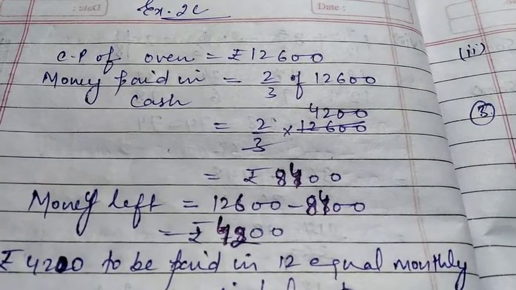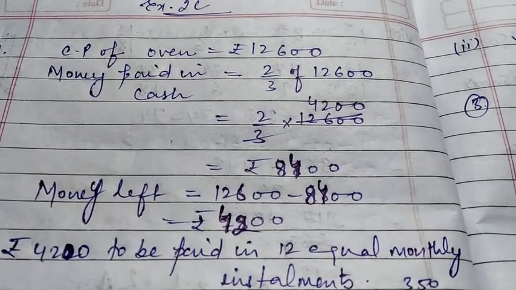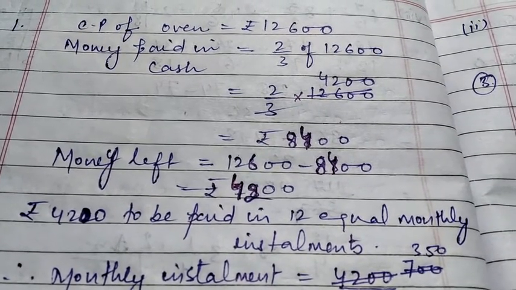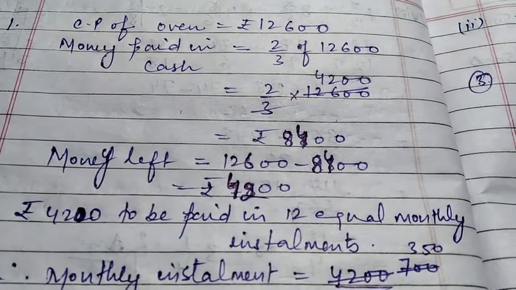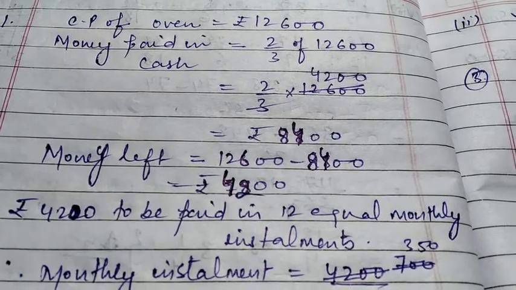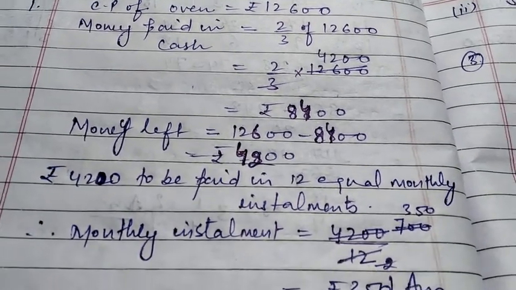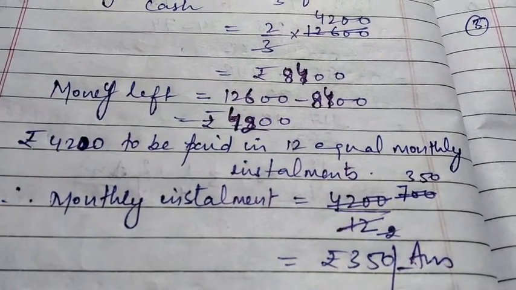So this 8,400 he has given as cash, and the question is saying the rest of the money, so we have to find the money which is left after paying by subtracting, that is 4,200. This remaining 4,200 is to be paid in 12 equal monthly installments. Means how many installments? 12, every month. 1 year equals 12 months, and 12 monthly installments.